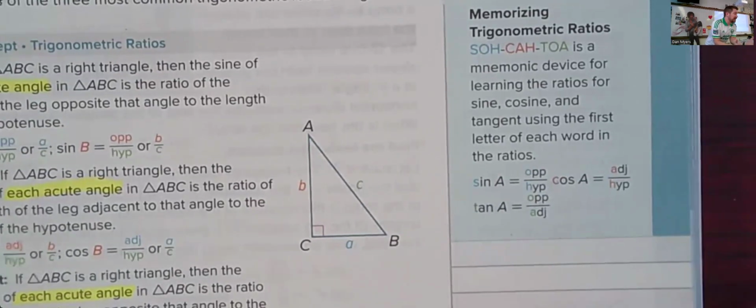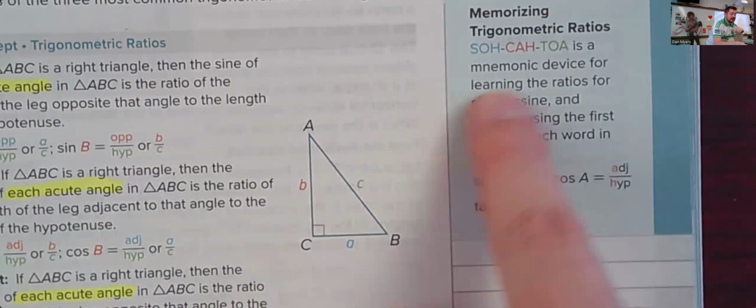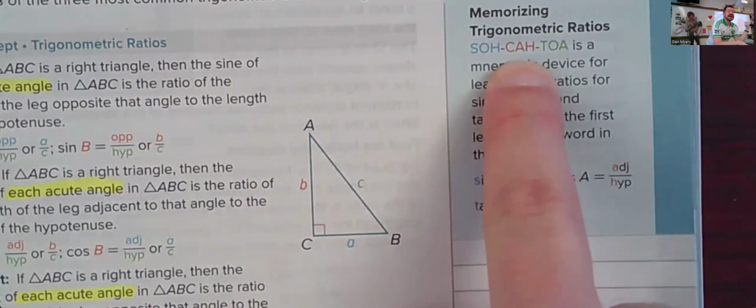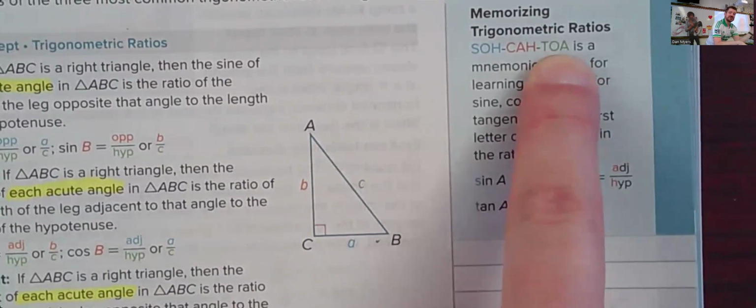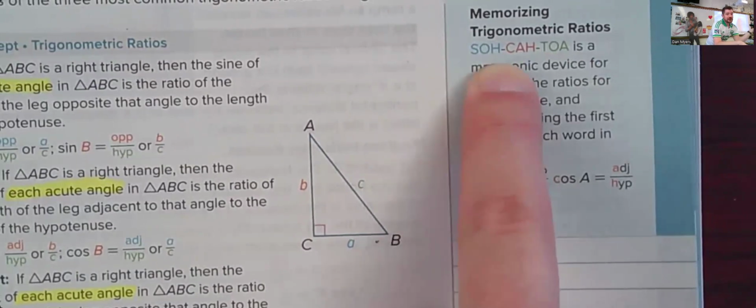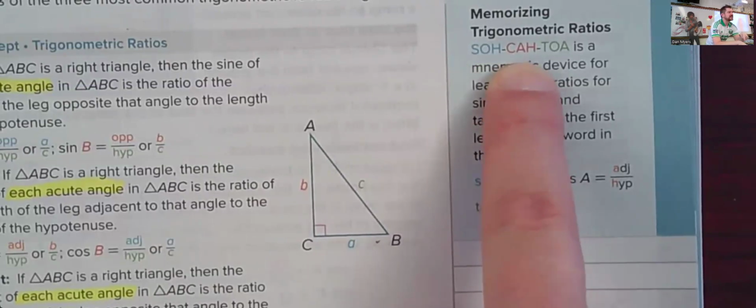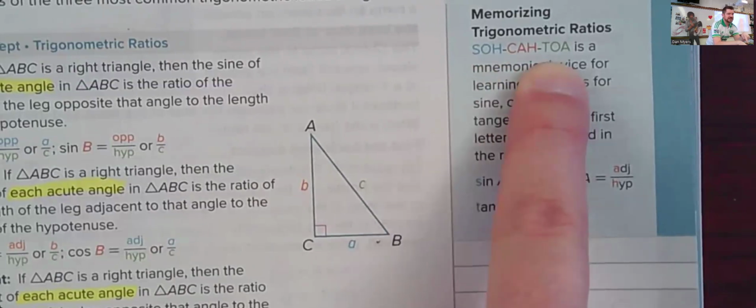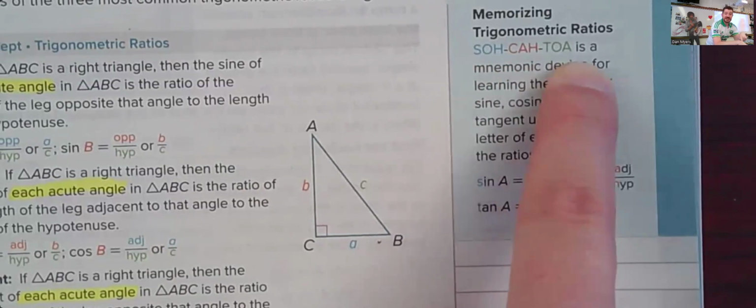But SOHCAHTOA means sine is opposite over hypotenuse, S-O-H. C-A-H, cosine is adjacent over hypotenuse. TOA, tangent is opposite over adjacent. This just reminds you, if you take the sine of an angle, the O and the H remind you which ones do I compare? Oh yeah, opposite and hypotenuse. If I'm looking at cosine, which ones do I compare? Oh yeah, adjacent and hypotenuse. Tangent, which one is it? That's right, it's opposite over adjacent.